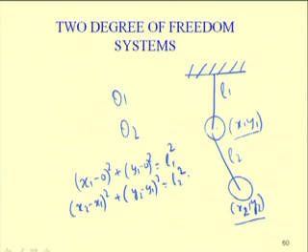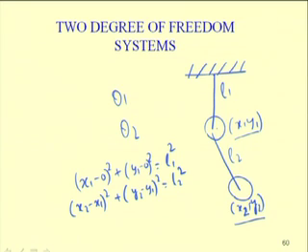So, these 2 constraint equations can be used to reduce these 4 parameters x1 y1 x2 y2 to 2 parameters. So, using either these physical parameters or these 2 parameters theta 1 and theta 2, one can find the equation of motion.